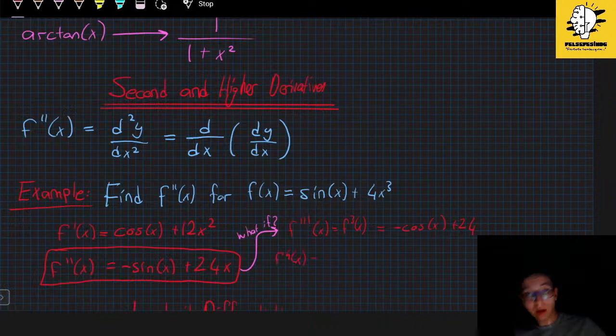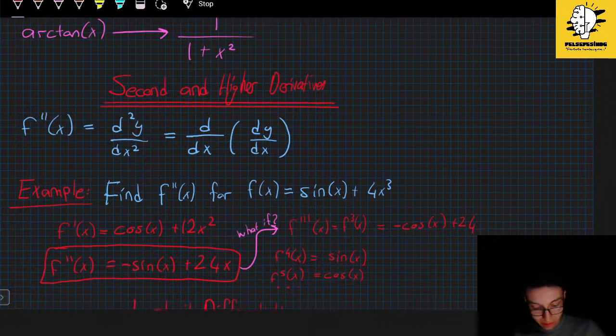Now I will derive it once again. What is the derivative of negative cosine x? It is just sine x, right? So if I was asked f fifth of x, going with the higher derivatives, it would be just cosine x. And so on and so on. It goes to infinity like this.